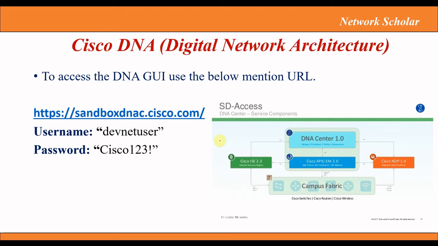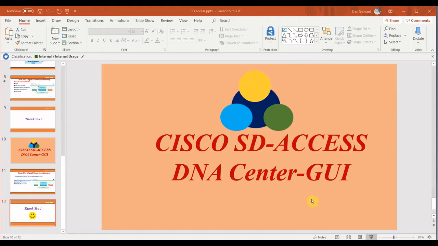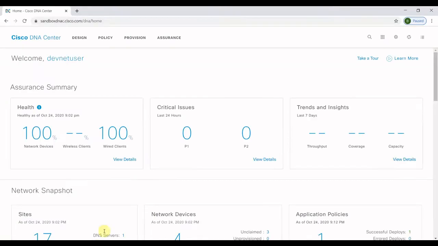Now I will take you to the web browser, where I will access this website, and I will provide the user ID and the password. So guys, this is the URL that I have here.